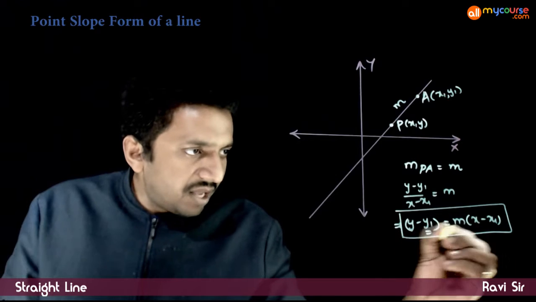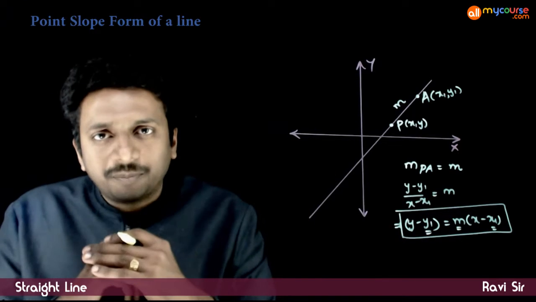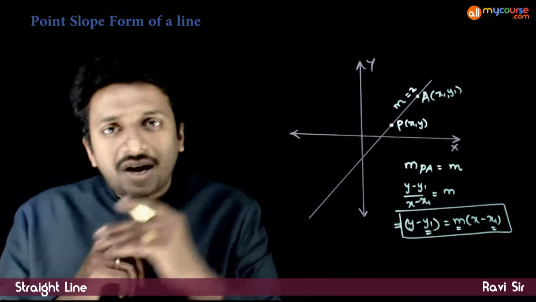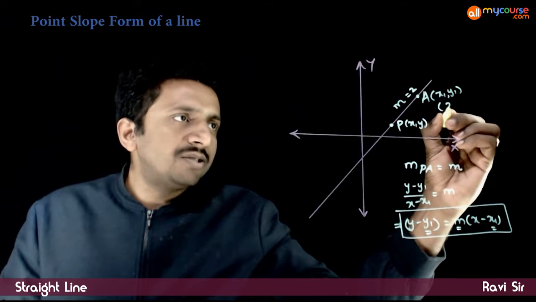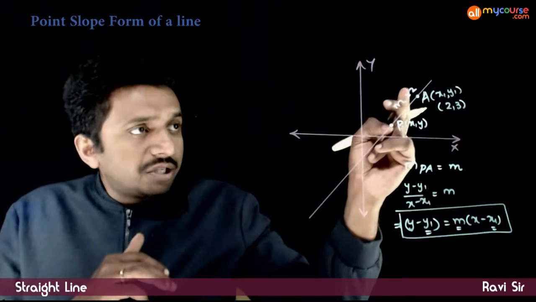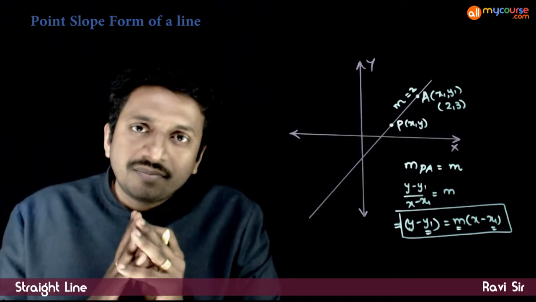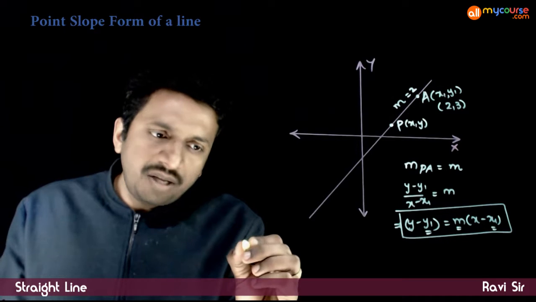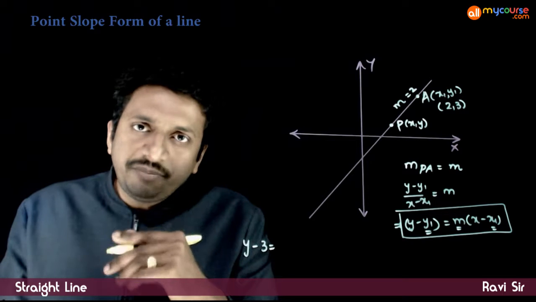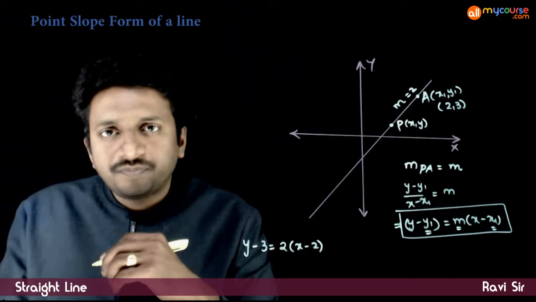Where x1, y1 is the point through which the line passes, and m is the slope of the line. For example, if the slope of the required line is 2 and it has to pass through the point 2, 3. If you're asked to find the equation of a line whose slope is 2 and which passes through 2, 3, the equation of the line will be y minus y1, that is y minus 3, is equal to m, that is 2, times (x minus x1).